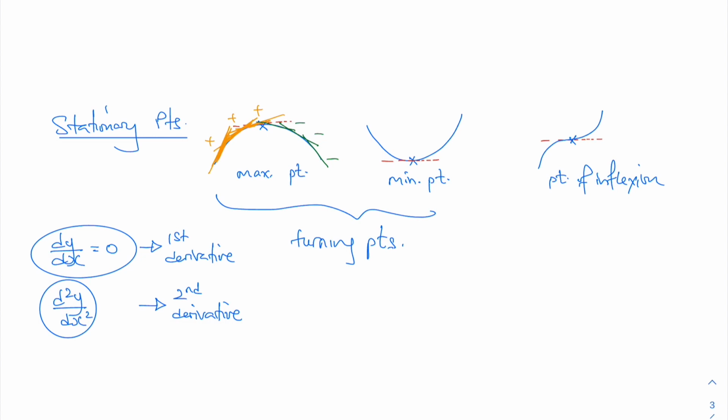So for a maximum point, can you describe to me the second derivative? The gradient is decreasing, from positive to negative, from a big number to a small number. The gradient is decreasing, right?